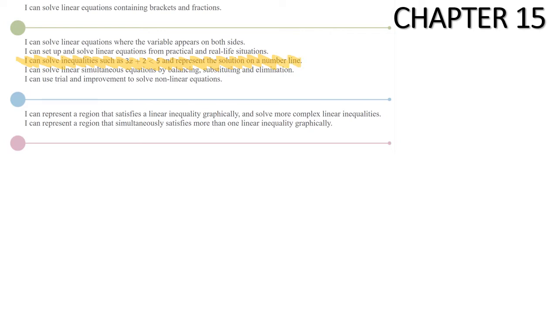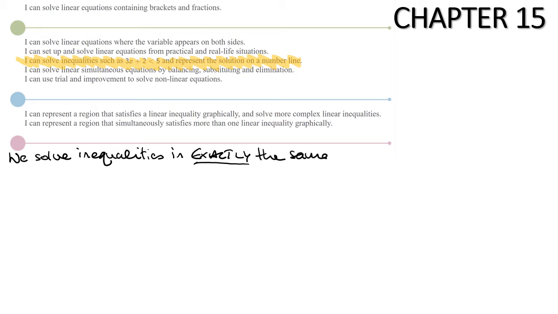Now we solve inequalities in exactly the same way as equations. Okay, so that means we use balancing.